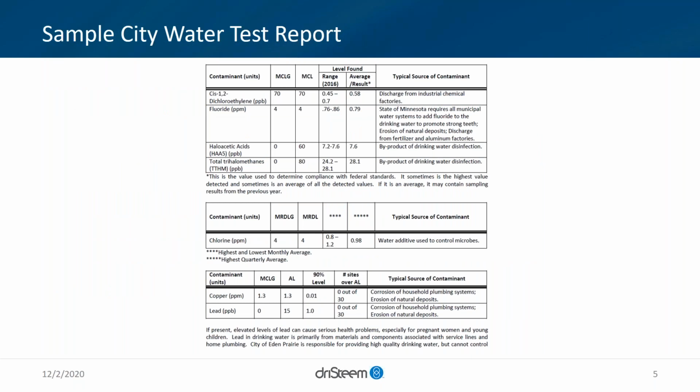This next slide talks about water quality. As most people do nowadays, if I ask what's in your water, what challenges do we have, the first thing people tend to do is Google. So I Googled Eden Prairie's water quality from our city, where we're located, and this is what came back.